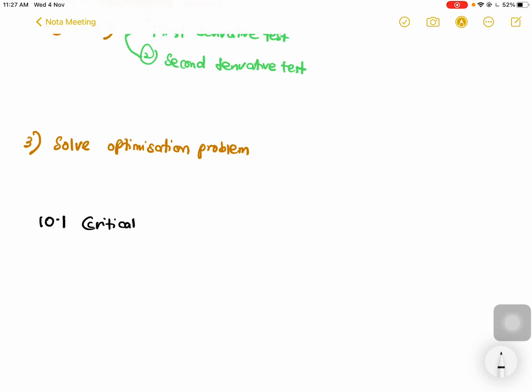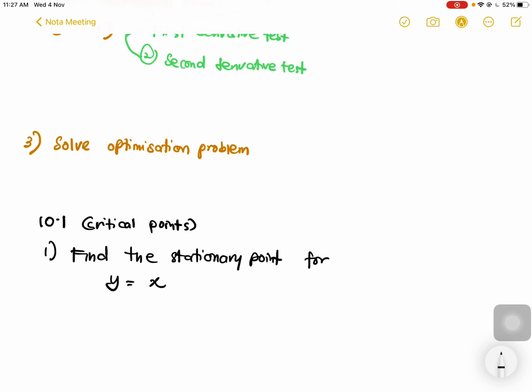You will have two types of critical point questions. Let's take an example for the first question. First one, find the stationary point for y is equal to x power of 3 minus 3x square plus 6.